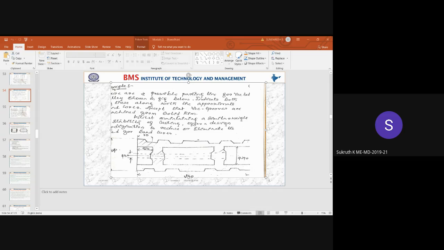The parting line is at the center. Okay. Yes, sir. Then what about the sand cores? Two sand cores are required, sir, for the hole in the center and for the center cavity, sir.